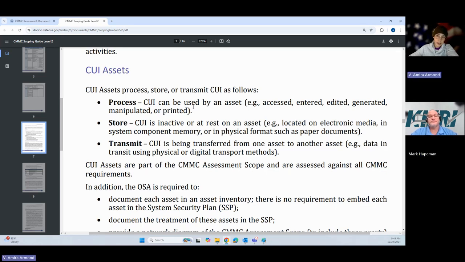Now, technically, I'm never going to recommend doing anything other than what the official guidance says. Right. But this scoping guide doesn't work real well if you go with "could be" as opposed to "is."